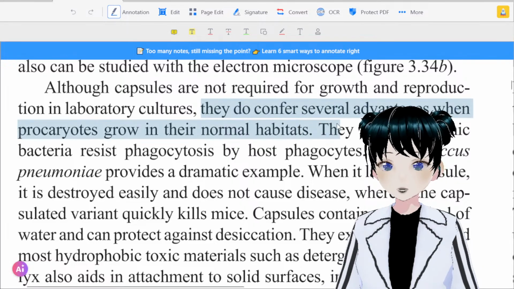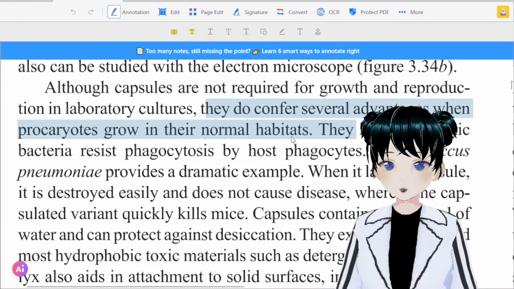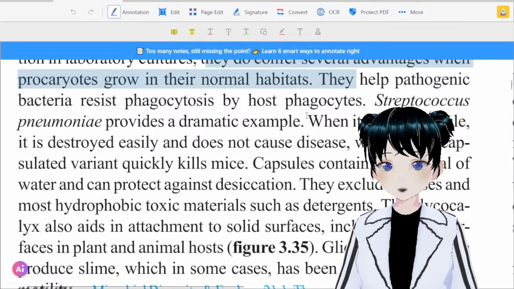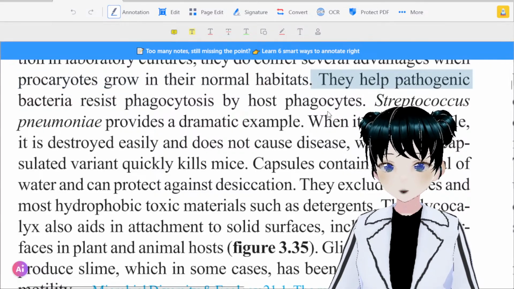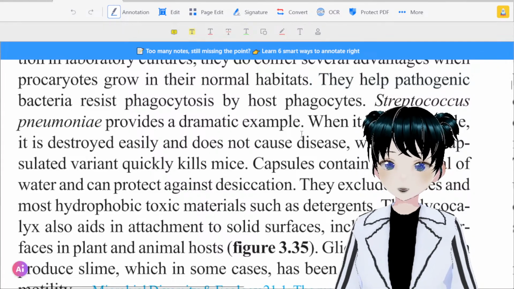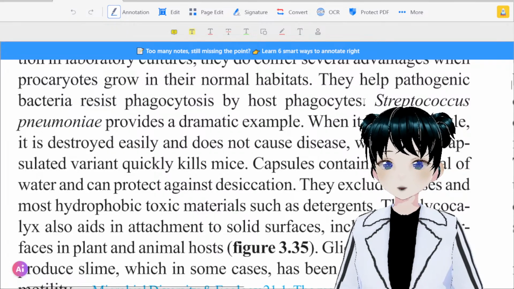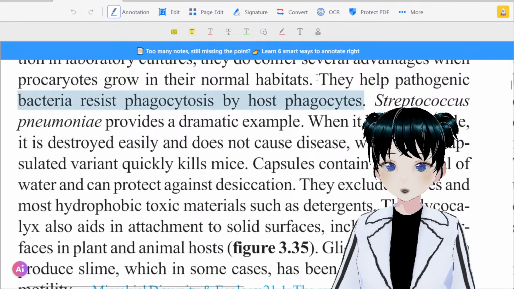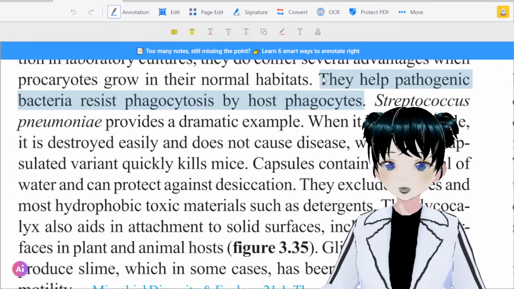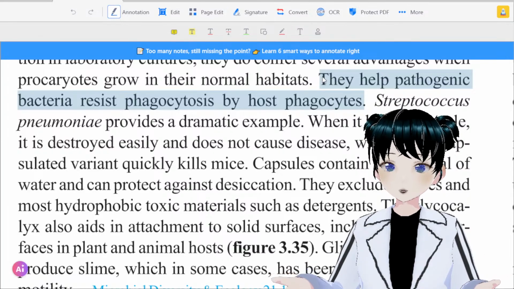They do confer several advantages when prokaryotes grow in their normal habitats: they make them resistant, they make them strong. They help pathogenic bacteria resist phagocytosis by the host phagocytes. If it is a pathogenic bacterium living in the host, how is it going to survive the host's mechanisms? The host is going to attack them because it won't recognize these pathogenic bacteria, and they will be considered enemies.